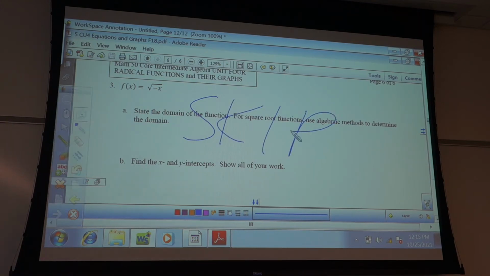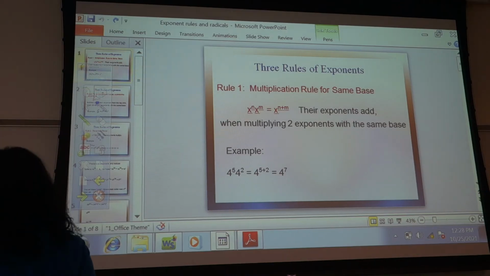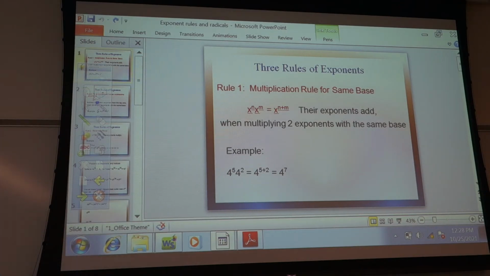All right. Let's grab out our homework and pause this for a minute. Help you folks with the homework that was originally due on Monday, today, but I'm making it due on Friday. We're going to go through rules of exponents.